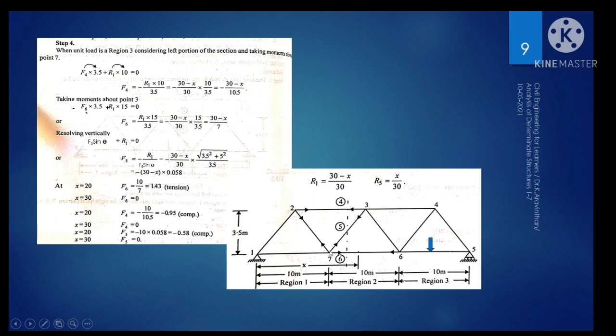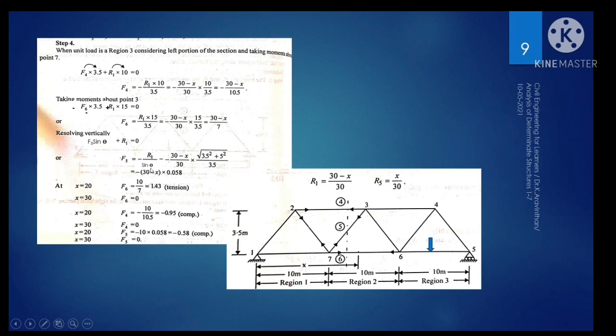If you resolve this element, so this is the left hand side element of point 3, if you resolve it vertically, f5 sin theta, which is upward, and you have a vertical support reaction, that is R1. So both are positive. So if you want f5 equal to, you can take it outside, minus R1 divided by sin theta.